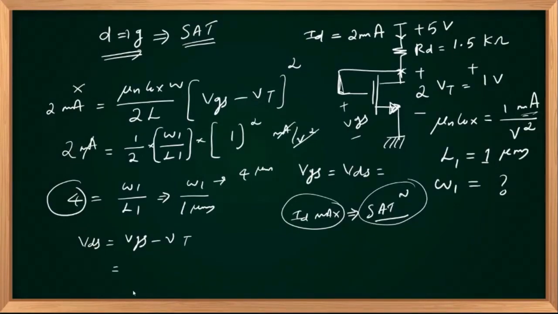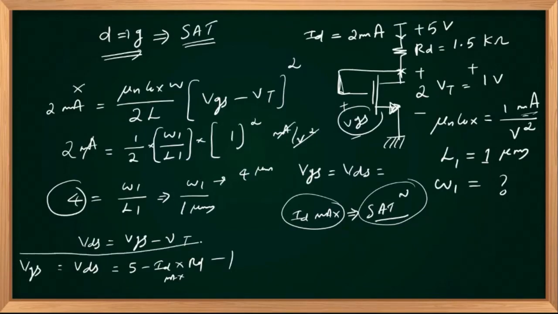In this particular example, VGS is nothing but 5 minus ID max multiplied by RD, minus 1. That's equal to your VDS. You should solve for VGS, then substitute for VGS here.